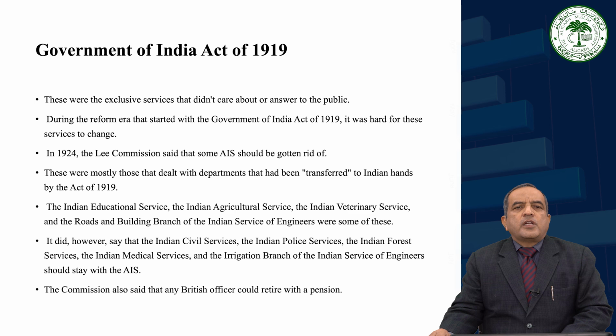These were mostly those that dealt with departments that had been transferred to Indian hands by the Act of 1919. The Indian Educational Service, the Indian Agricultural Service, the Indian Veterinary Service, and the Roads and Buildings branch of the Indian Service of Engineers were some of these.